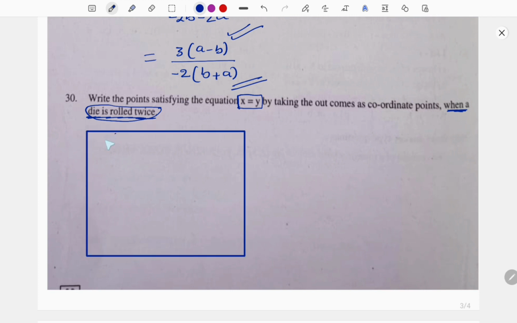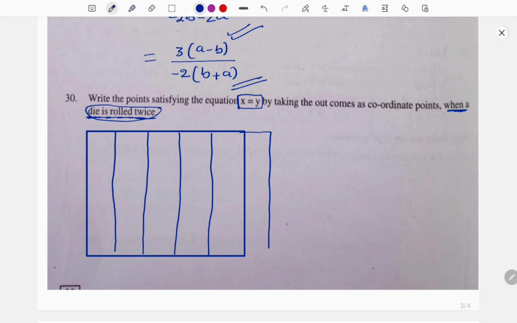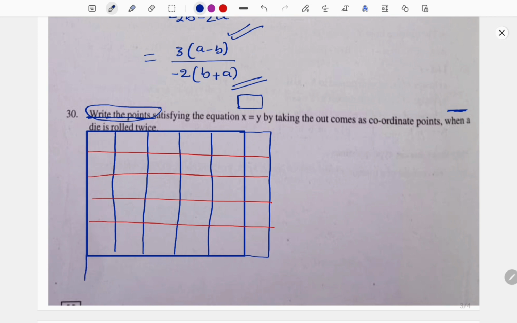Now we can get the results: 1, 2, 3, 4, 5, 6. Okay, 2 dice are rolled.